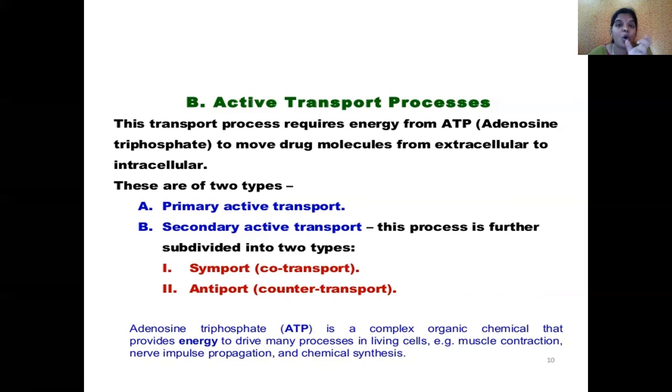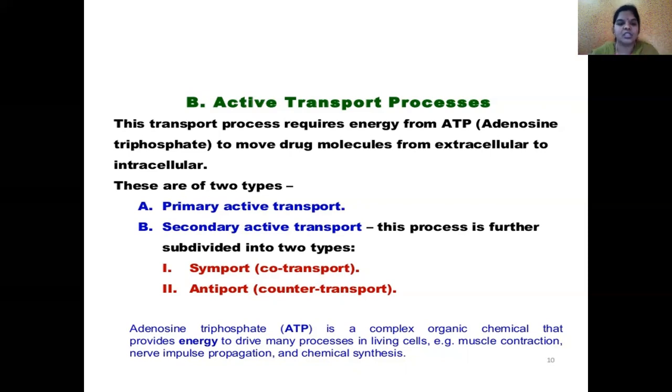That is nothing but co-transport. When I tell you more than one word for the same thing, those are called synonyms. You just remember it, for easy remembrance. Symport, that is co-transport. And next, antiport, counter-transport, counter meaning opposite.